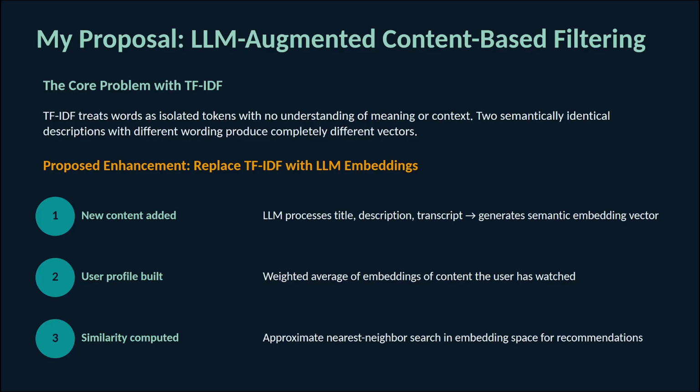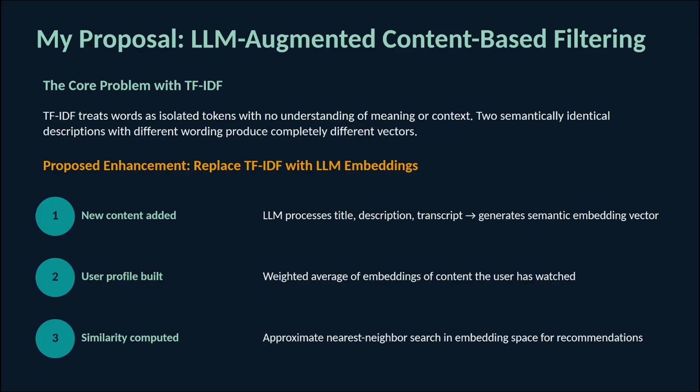So for my reflection and proposed improvement, the core limitation of TF-IDF is that it treats words as isolated tokens. If one movie is described as a story about, say, revenge and redemption, and another is about seeking justice, TF-IDF sees these as completely different, but they're about the same themes.